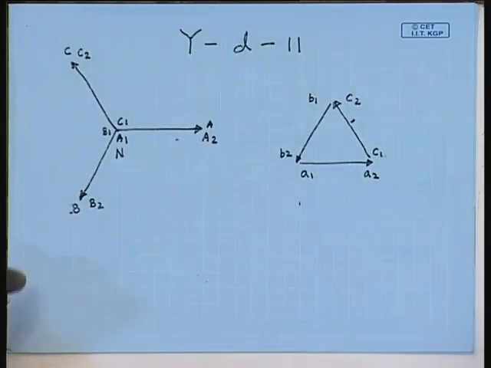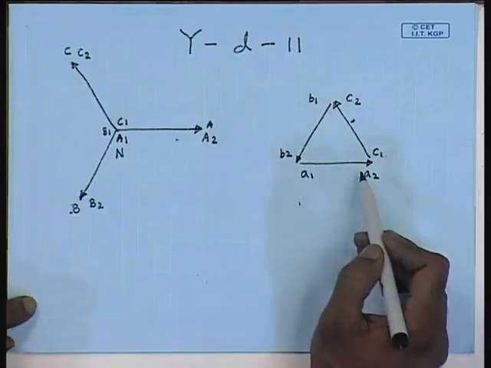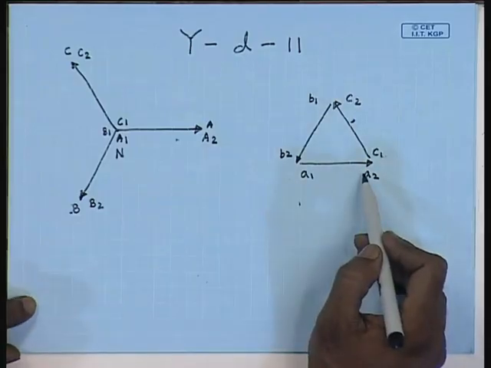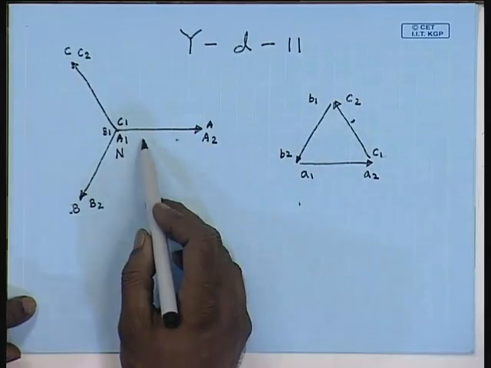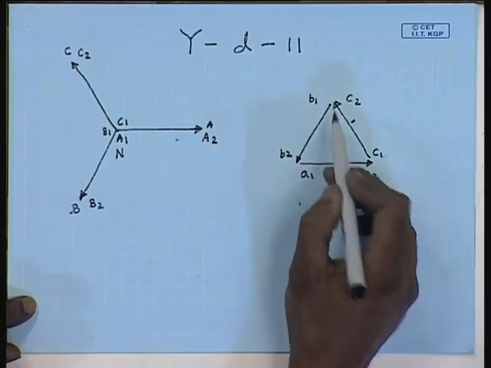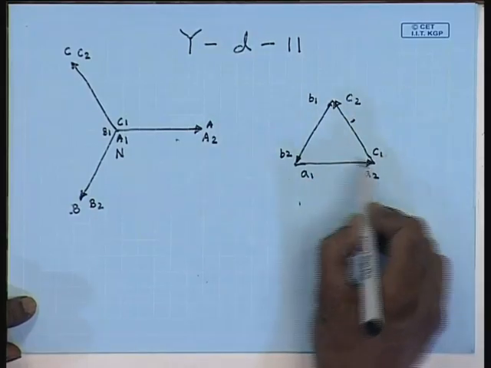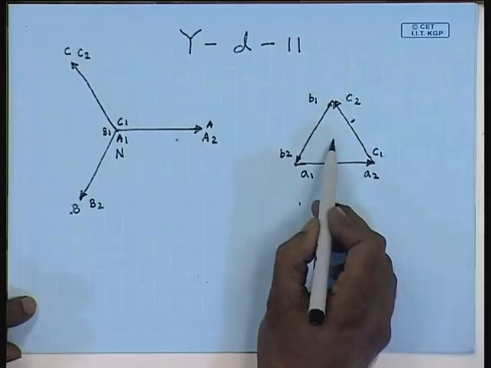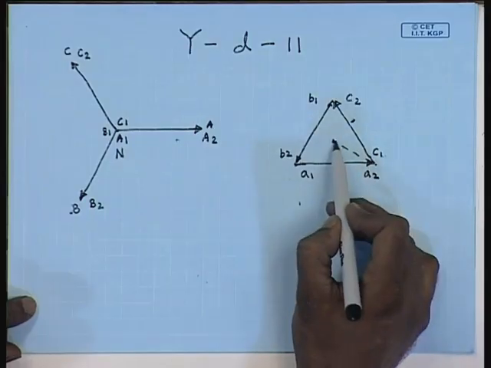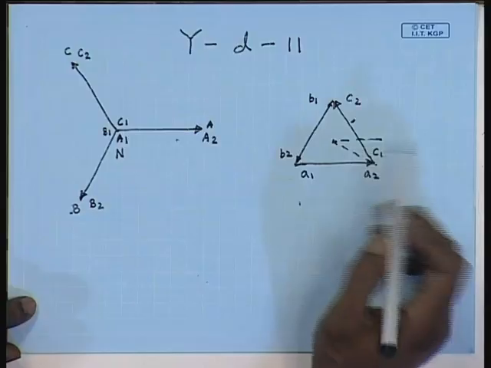If we want the line to neutral voltage of the low voltage side to lead this, then if we make this connection, however, this does not give YD11, it gives YD1.